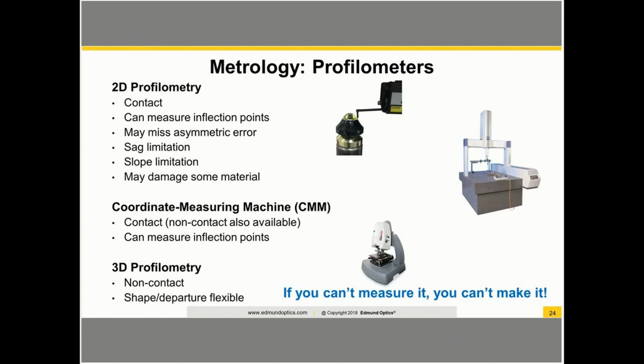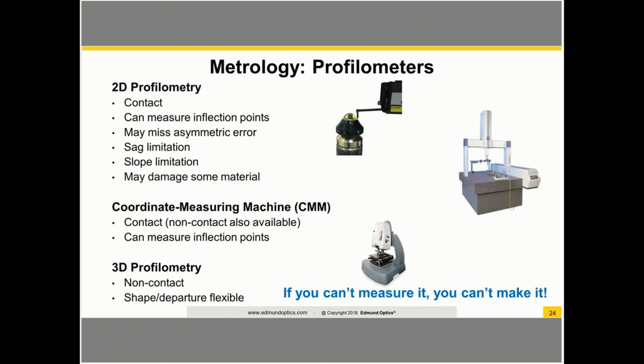So we have several different metrology options available at Edmund. Just broadly speaking, we'll divide them into profilometers and interferometers. For a long time, the industry standard has been to use a 2D contact profilometer, which drags a ruby or a diamond stylus over the shape of the asphere to measure the irregularity.